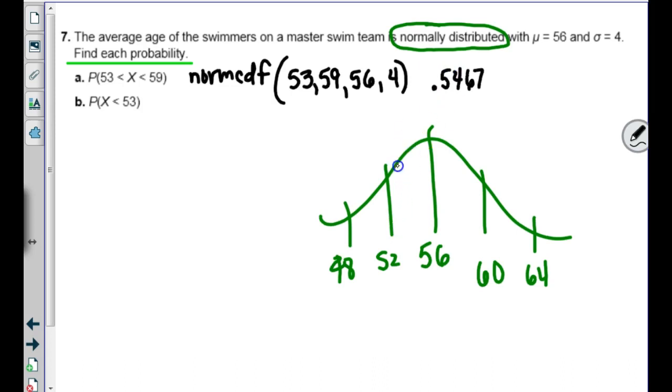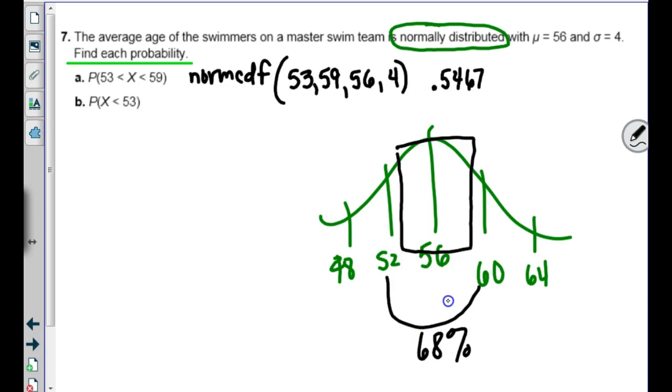So looking down here, if you were talking about from here to here, now remember from 52 to 60 was 68% using their rule. And so we used a slightly smaller range and we got this. Is that making sense? Okay. Find each probability. I'm okay with the probability being a decimal or a percent. If you want to make that 54.7%, that's fine.